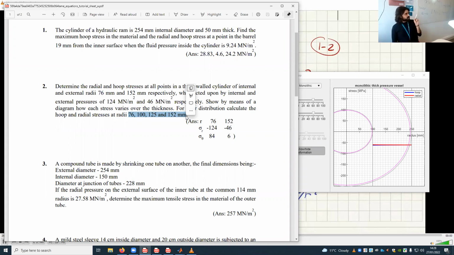Don't let Excel do any smoothing for you, because I believe in the latest years the default diagrams are automatically smoothed over.